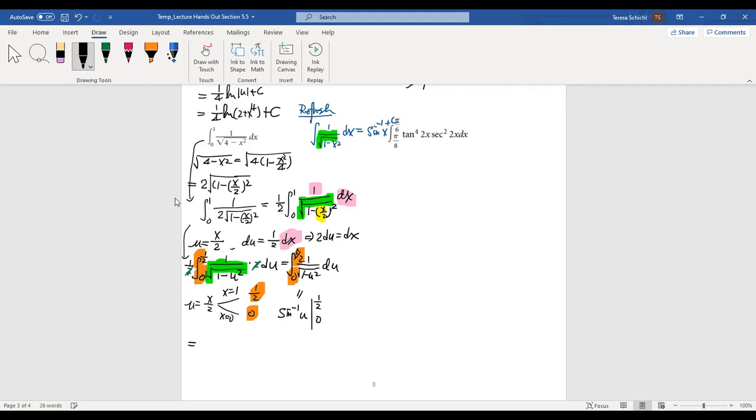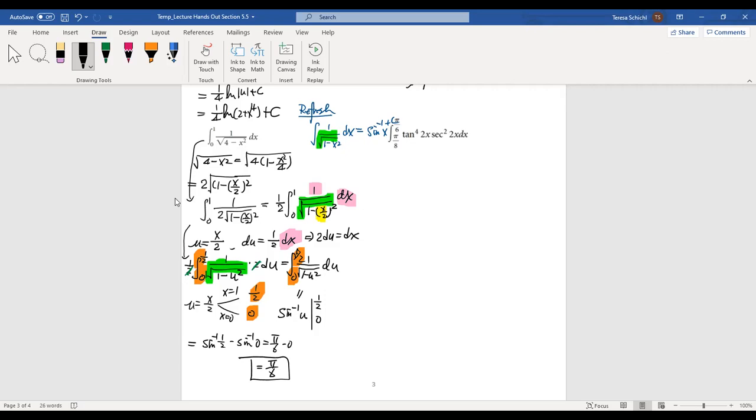Then you can plug that in. So you will get arcsine 1/2 minus arcsine 0. So arcsine of 1/2 is 30 degrees, right? So it's pi over 6 minus 0. So the answer is pi over 6 here. Okay, so this one we need to be a little bit careful, right?